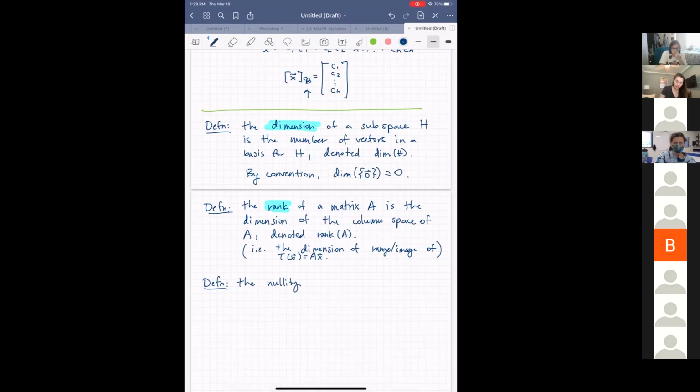As you might guess, the nullity of a matrix A is the dimension of the null space of A.